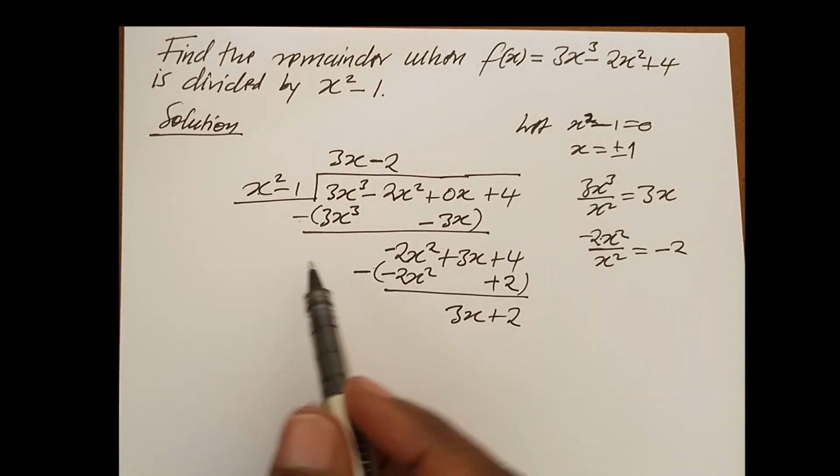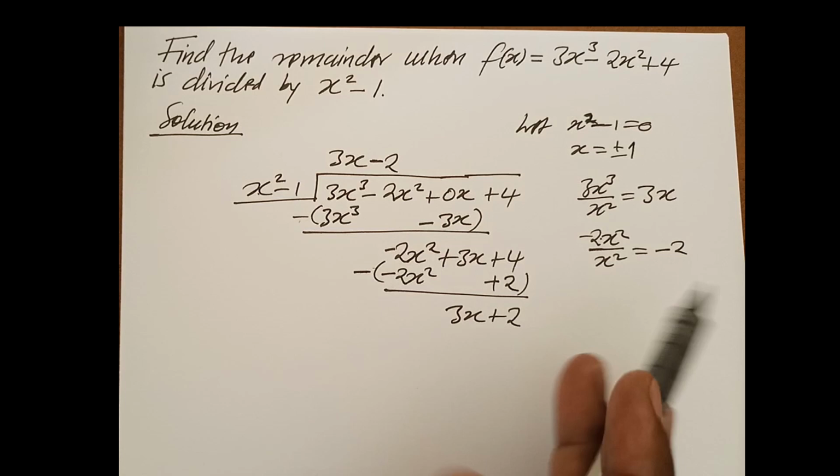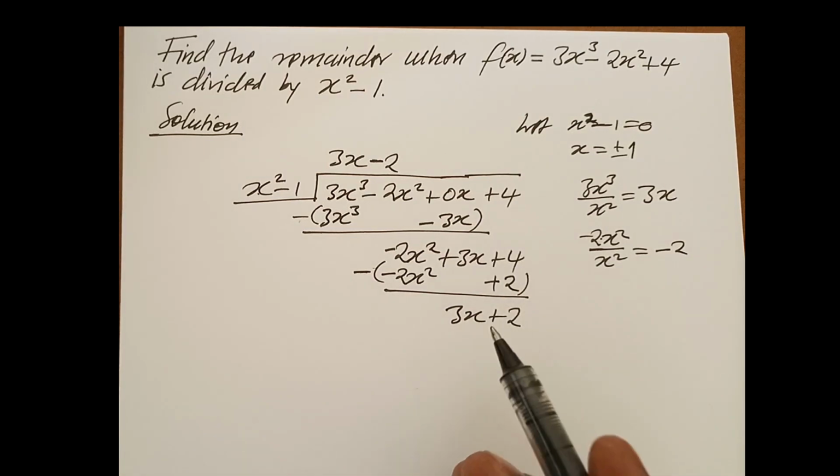Now, when the power of the divisor is more than the power of the dividend, the process of long division terminates.